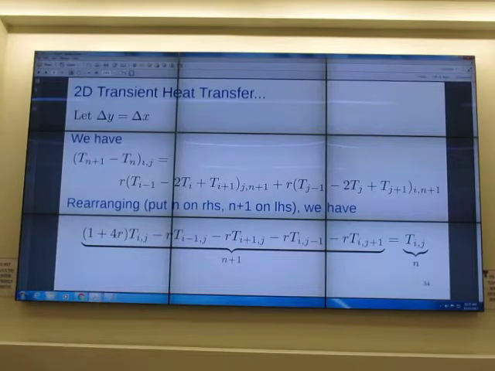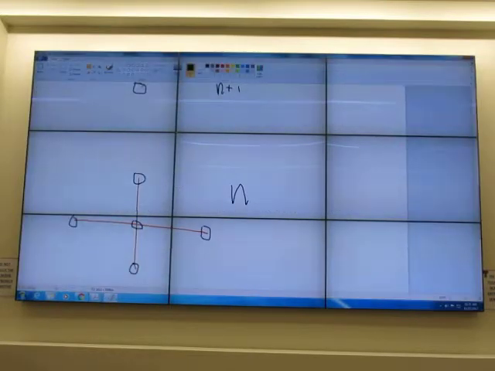So this means for forward scheme, your temperature prediction is dependent upon the current temperature at the previous time and the adjacent cell directly linked.